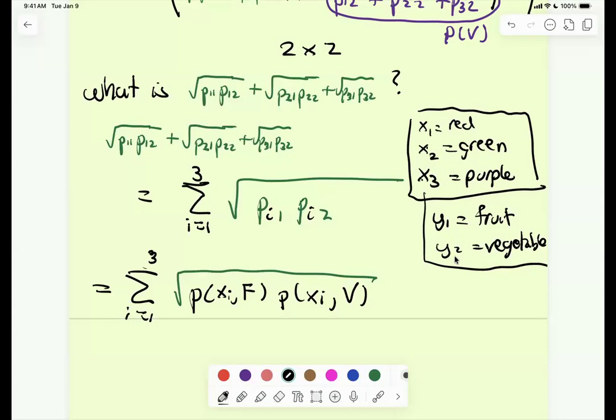And then let's use the formula for conditional probability. Now we're reading the formula into something that makes some sense.